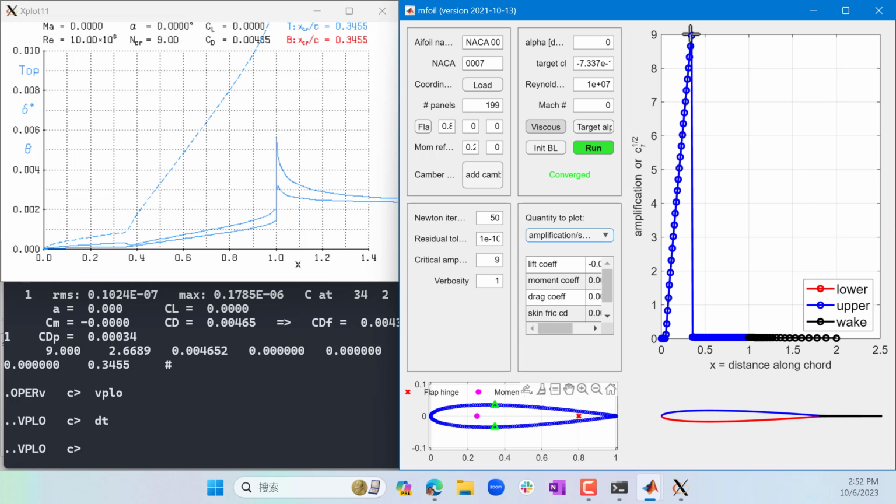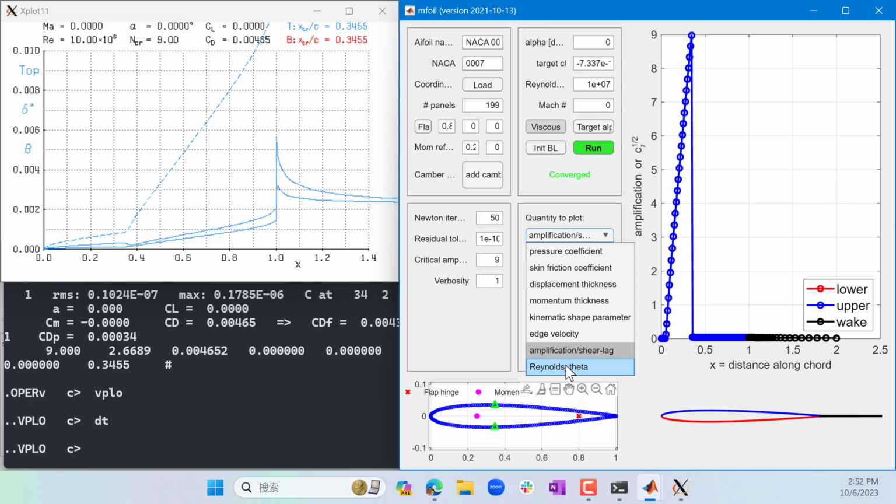And in Xfoil or Mfoil, you can actually change this critical amplification factor, change this 9 to something else to simulate the effect. For example, in a wind tunnel, you already have some dirty air, not exactly smooth air coming from the free stream, and the effect is actually a lower critical amplification factor because initially you have some unsteadiness coming in. All right, and finally, Re theta.